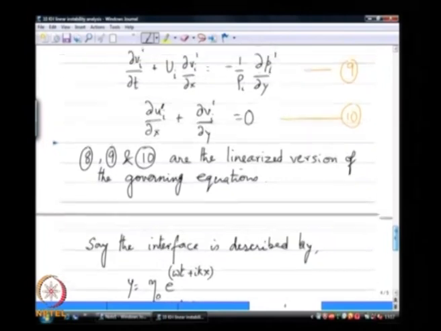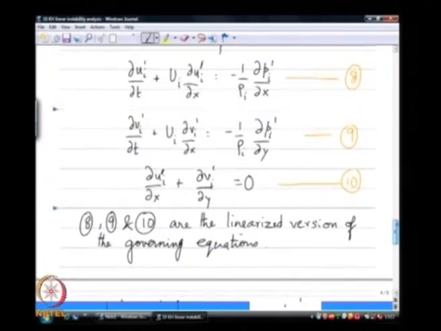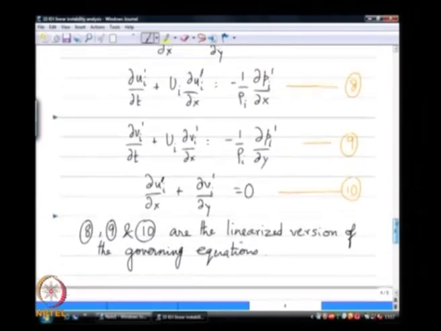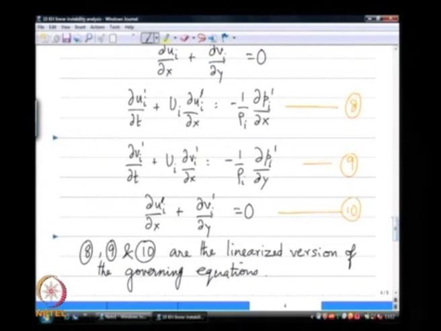So, these are the equations that govern the growth or evolution of the disturbance as time evolves. But what we want is always to go back to our analogy of a ball in a cup.